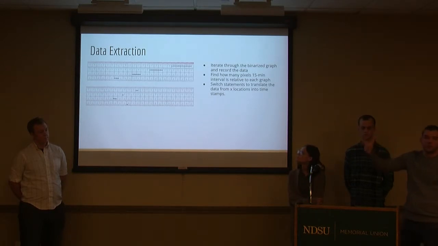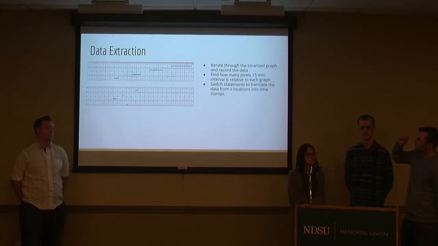And if it's above a certain value, then there's something there that needs to be recorded. And if it's white, then we just skip that. And once I go through all the graph, I try and get big values to eliminate noise.